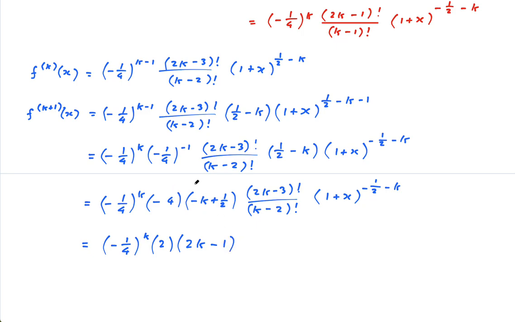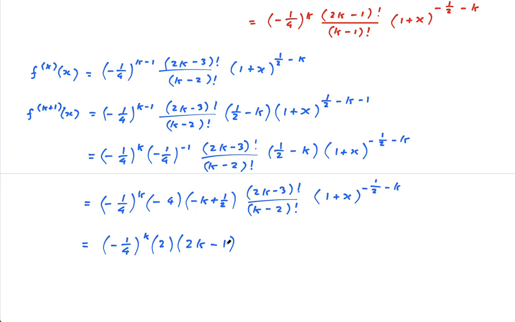So guys, look, if you multiply this out, you get 4k minus 2. If you multiply this out, you get 4k minus 2. Now the reason I'm doing this is because I'm trying to get 2k minus 1 factorial.